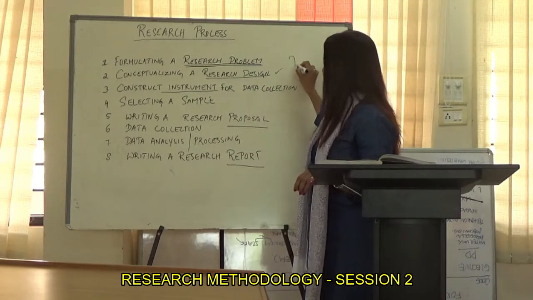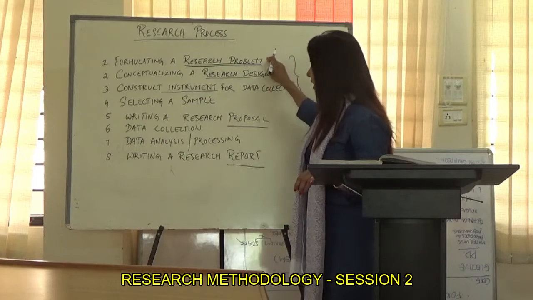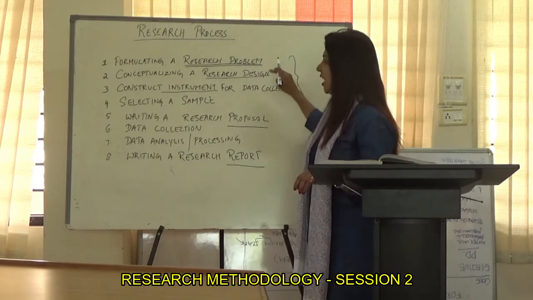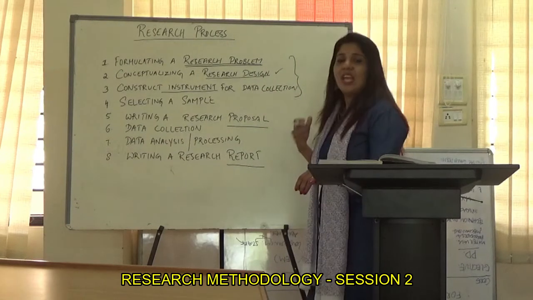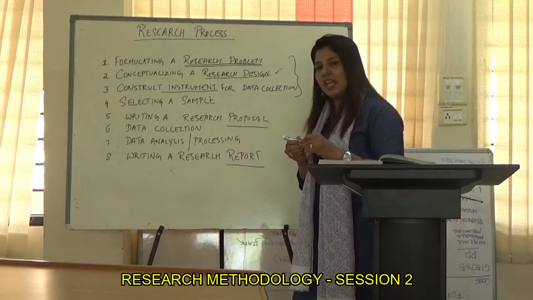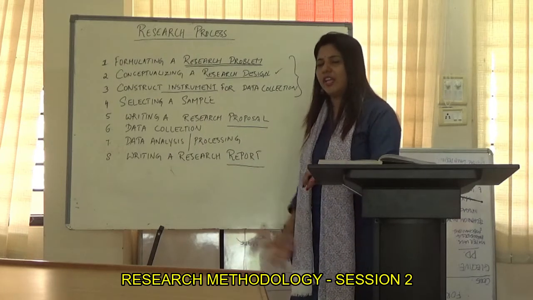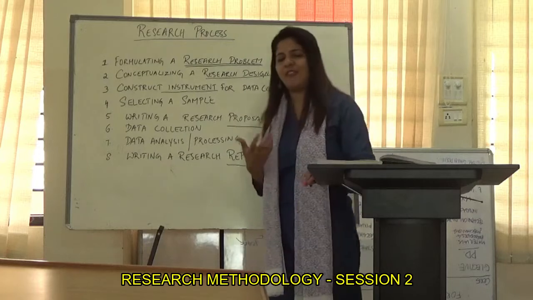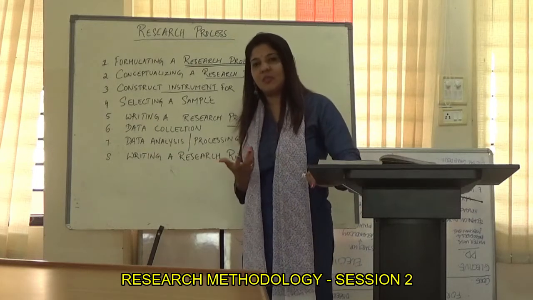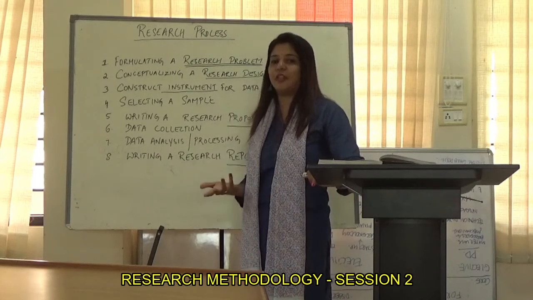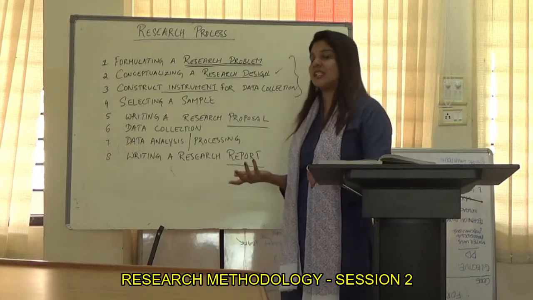So along with it, when you identify a research problem, develop a research design, and develop an instrument, an instrument can also be taken from the already available literature. You may not develop it new. There can be some instruments which are already developed for this particular purpose. You can use that instrument also.